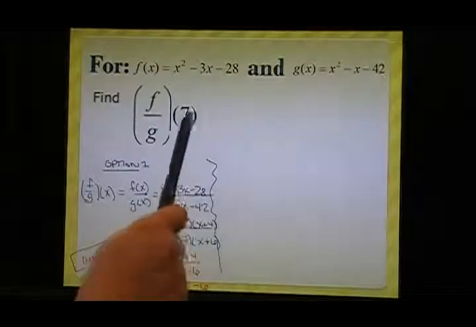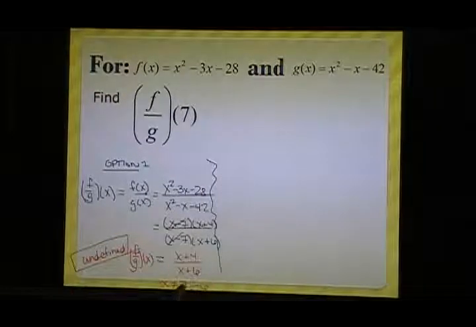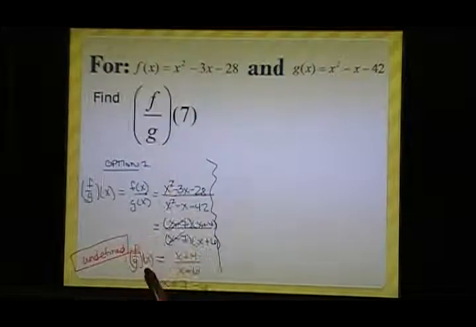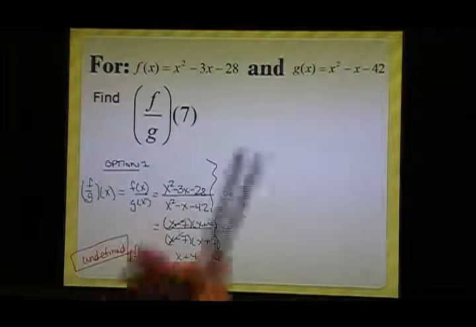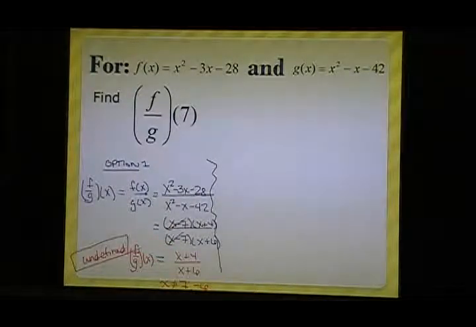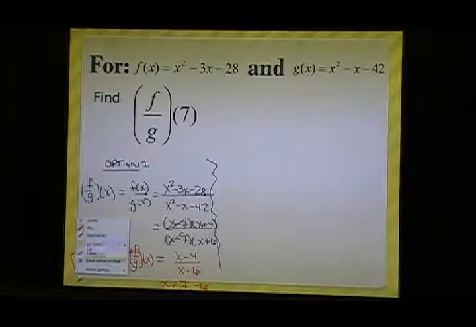If the number I was giving you here was any number other than 7 or negative 6, it would be perfectly acceptable then to substitute it into this function and evaluate from there. But for any number that makes the denominator equal 0, that's going to be undefined. And not the denominator of the simplified function, but the denominator of the bottom function g, or whatever the bottom function is in your different example.